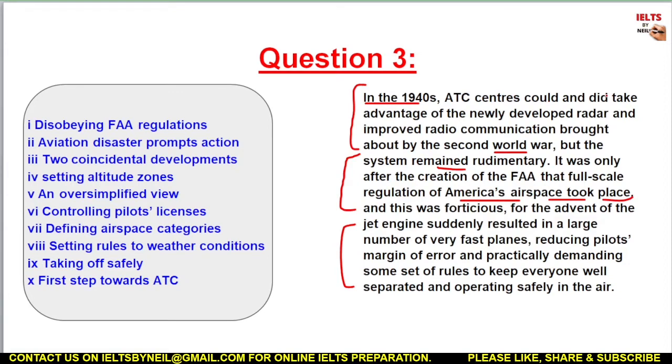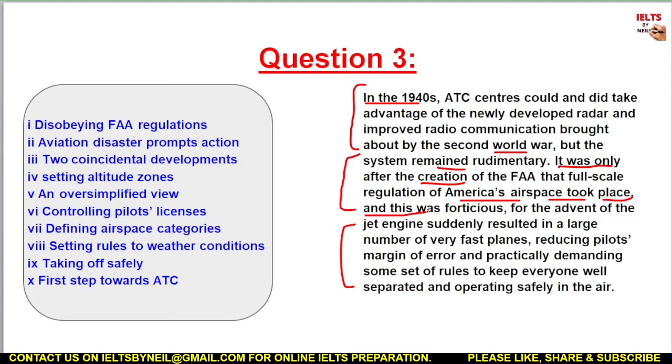Now, before that they're talking about some improved radio communication and radar, which was used by ATC. After that it says the system was still not working properly, and it was only after the creation of the FAA, meaning when the FAA was created, that America's airspace was fully regulated.